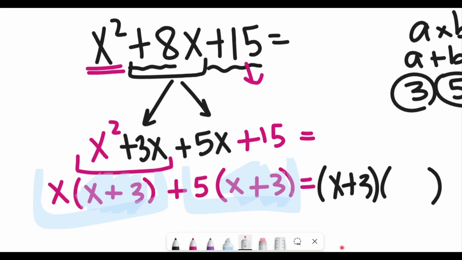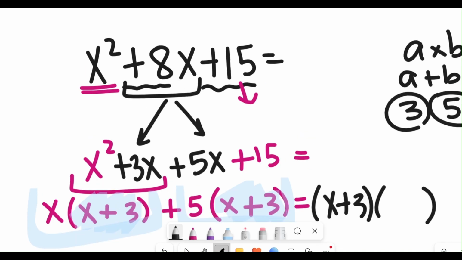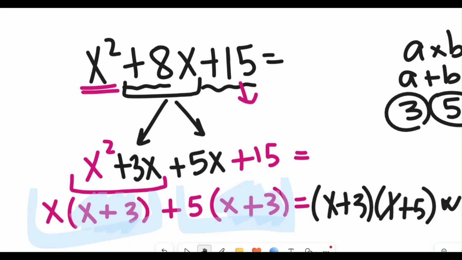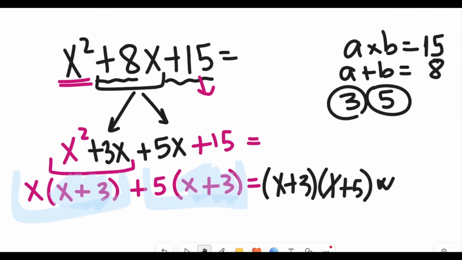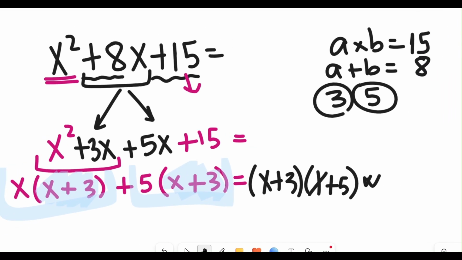All right. So you can write this as x plus 3 and x plus 5. And that's it. So now we know how to do it by using the grouping method as well.